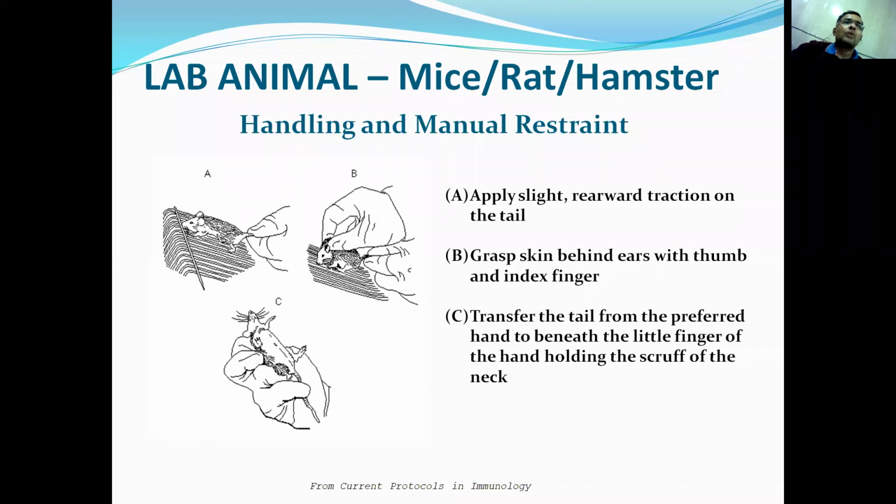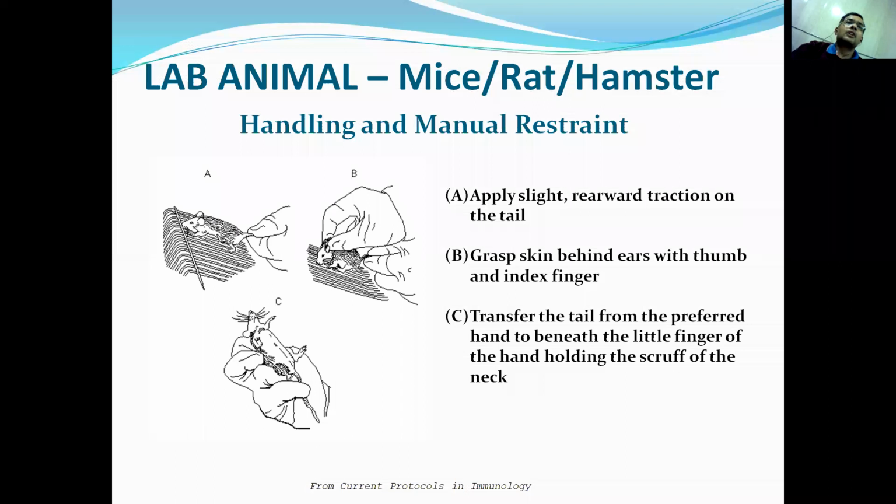So you hold the tail and push a little bit backward. Then with the other hand, you grab the animal from the scruff, or from between the two ears. That will restrict the movement of its head, and because of this restriction, there is less chance of biting from that animal.